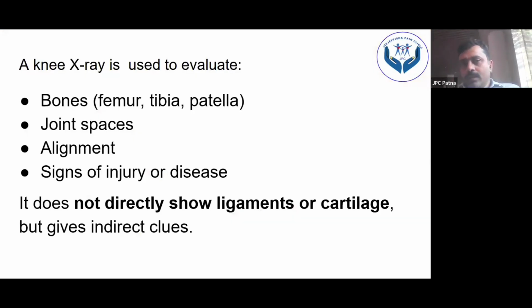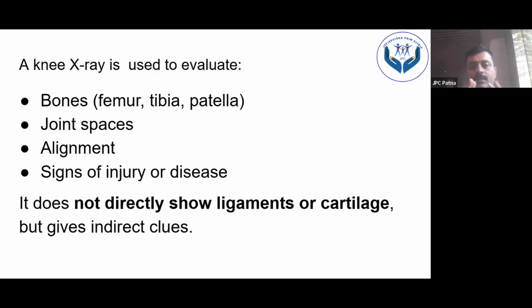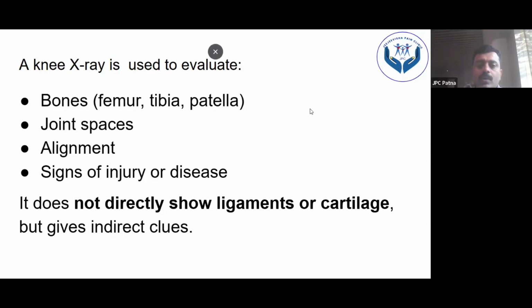So knee X-ray, what is it used for? Mainly bones, joint spaces, alignment, signs of injury or disease. It does not directly show ligaments or cartilage, but gives indirect clues. Why is it important? Because most of the time, the moment we order an X-ray, the only thing in our mind is to look for the bones.